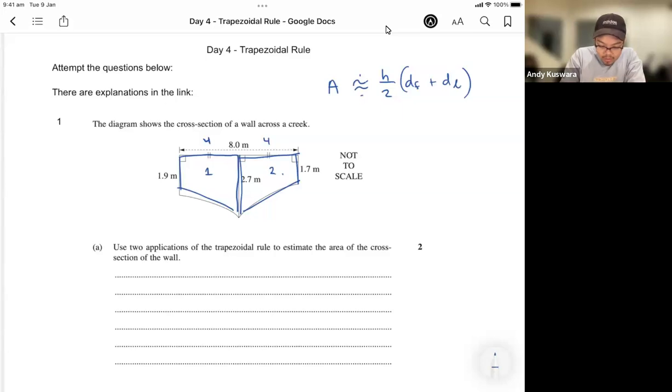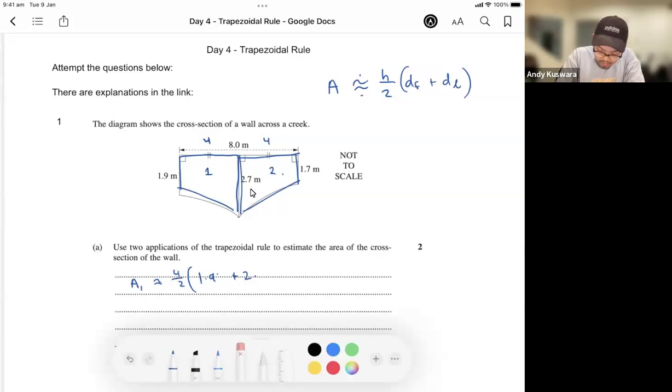Okay, so in this case here, for area 1, it's going to be approximately height over 2, and then DF and DL is my first measurement and my last measurement. So in this case, it would be 1.9 plus 2.7.